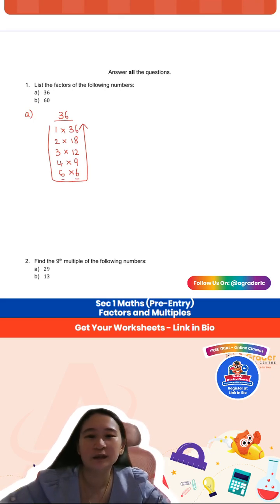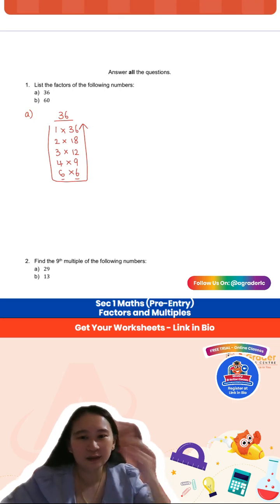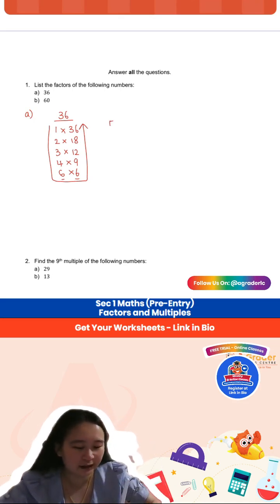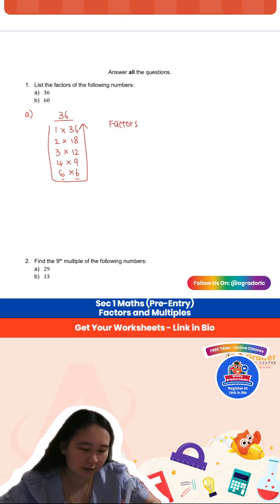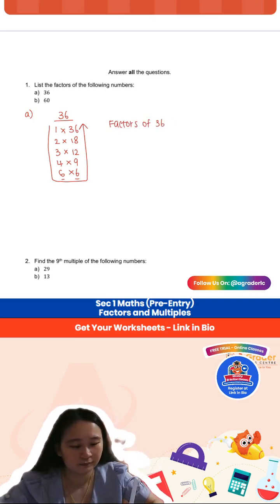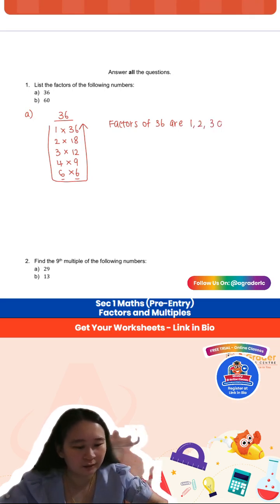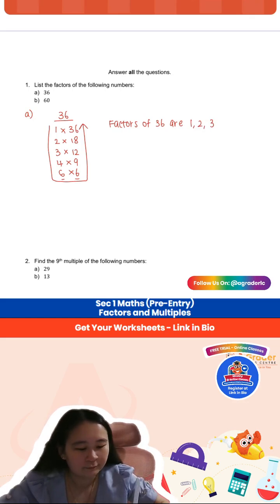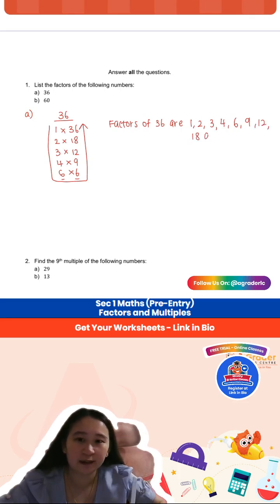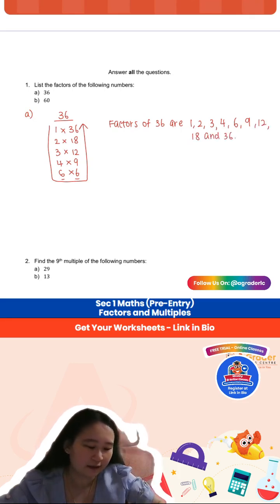So the factors of 36 are 1, 2, 3, 4, 6, 9, 12, 18, and 36.